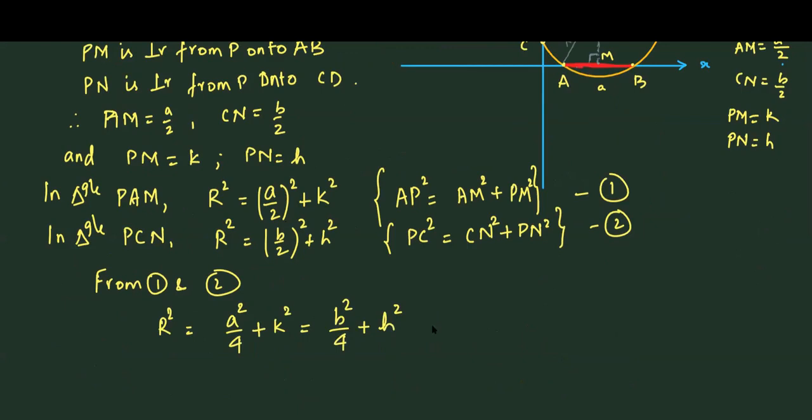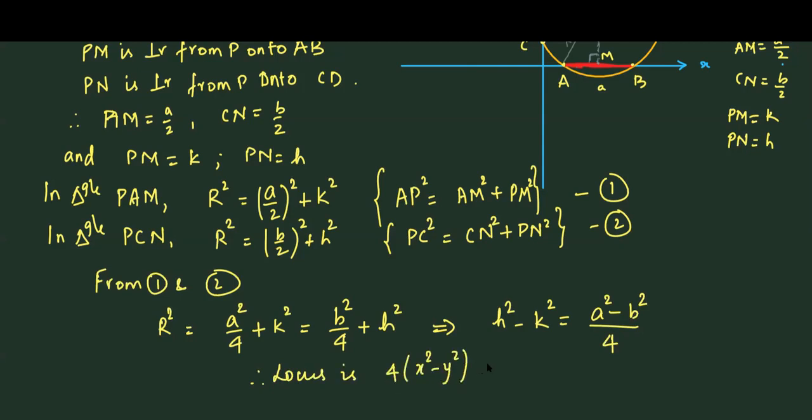So this will give you h square minus k square on one side equal to (a square minus b square) by 4. Therefore, the locus is 4 times (x square minus y square) is equal to a square minus b square.